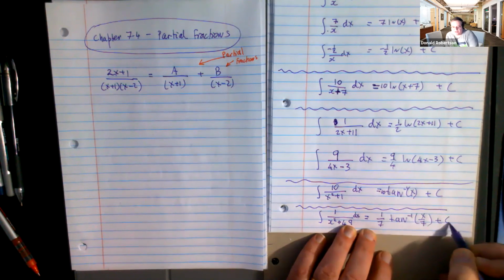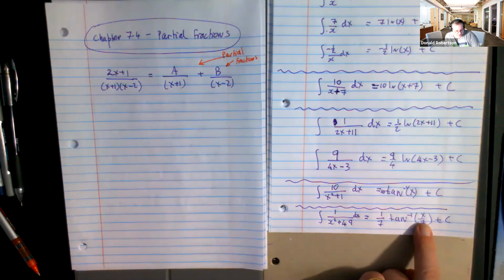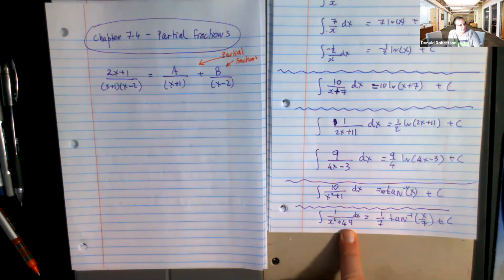He is connected to the inverse tan, but he's not the inverse tan of x. He's inverse tan of x over 7. And at the front, you've got another 1/7. Can you see where the 7 is coming from? It's not just a made-up number out of nowhere. It's coming from the 49.